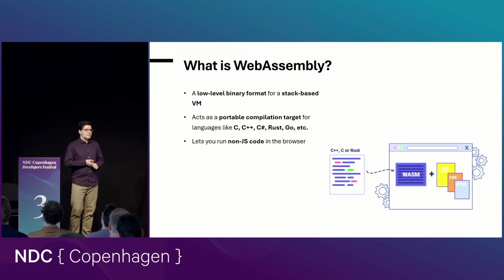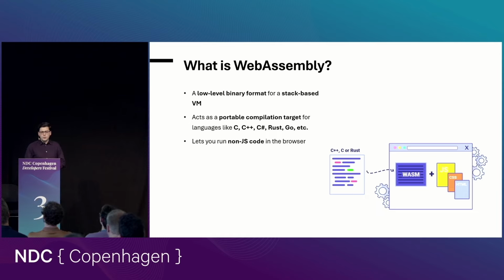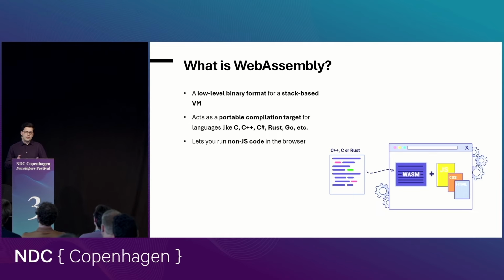So we can now take a look into Wasm. It's a low-level binary format for stack-based VM. Very simply, I can explain it in a sense that you can run almost any language on browser.